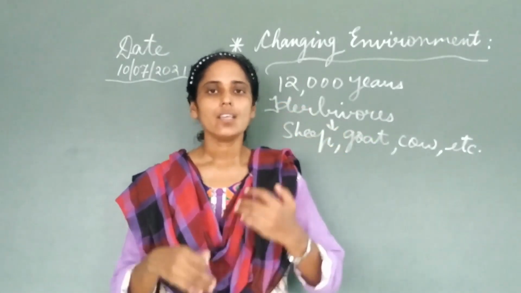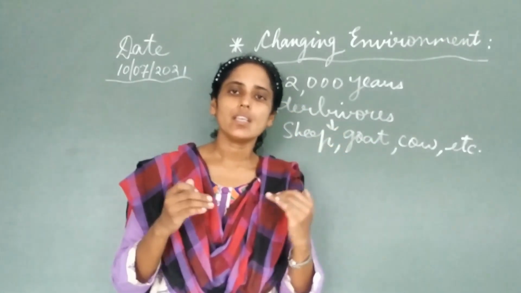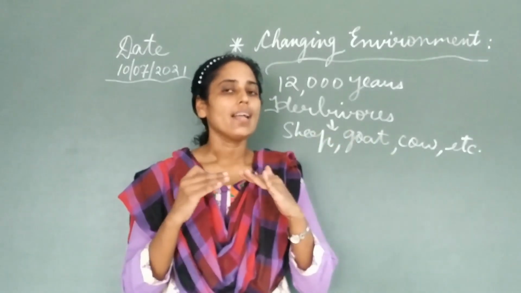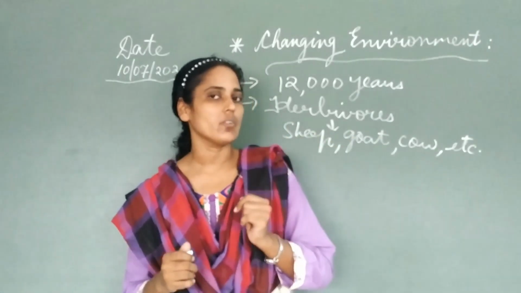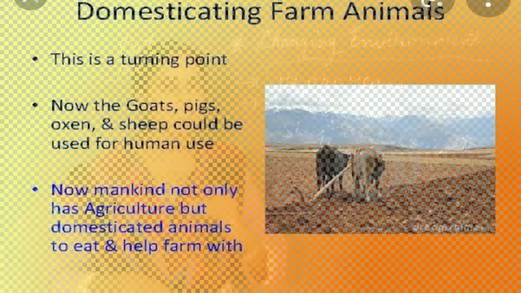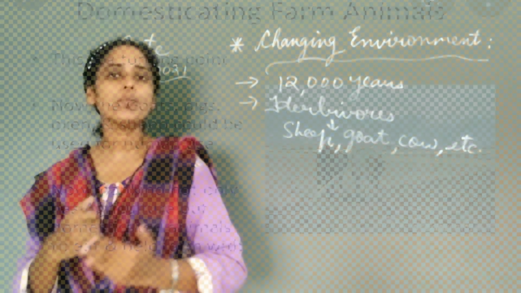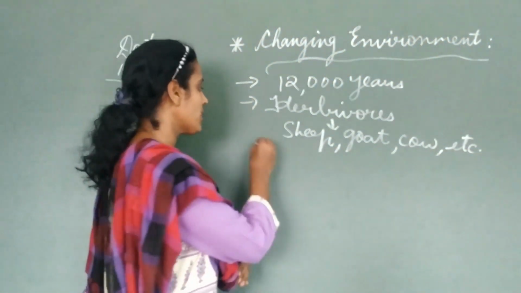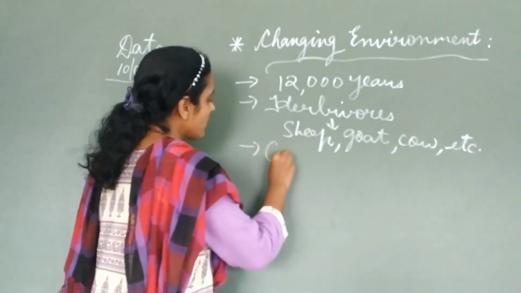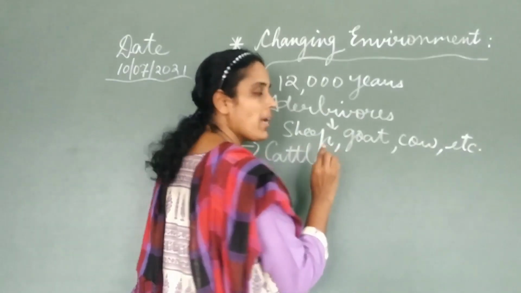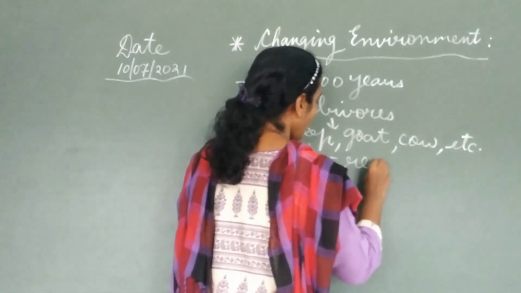Okay, that is, he kept those animals in his own area, and that is what is known as cattle rearing. Cattle rearing means keeping these animals to fulfill his own purposes, and due to that, cattle rearing started by primitive man.